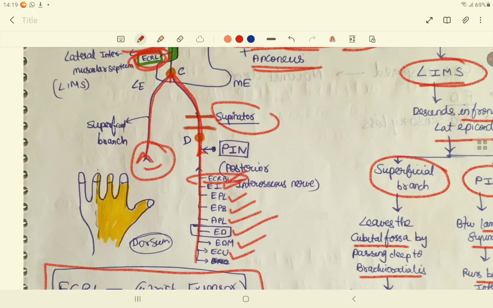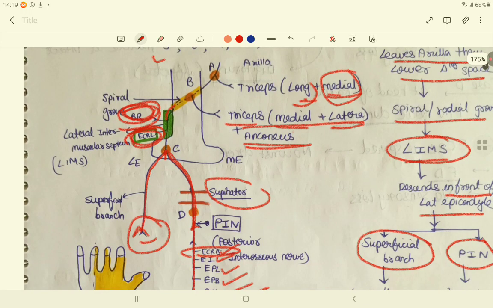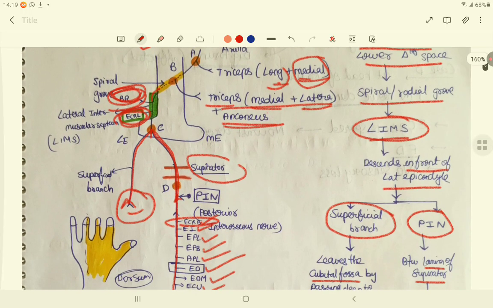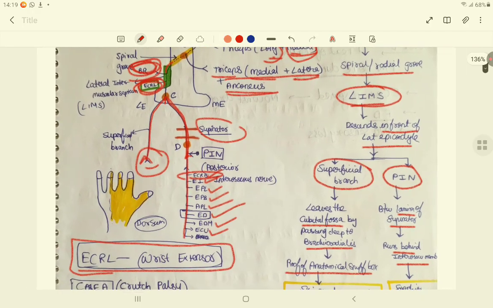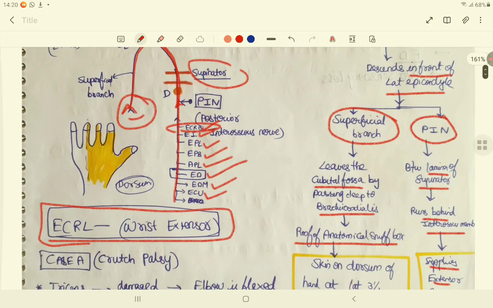So these three come under the lateral group. And when you talk about the posterior compartment proper, you have extensor digitorum, extensor digiti minimi, extensor carpi ulnaris, and anconeus, right? Anconeus is already supplied when it enters the spiral groove or the radial groove. So this is the course of the radial nerve.